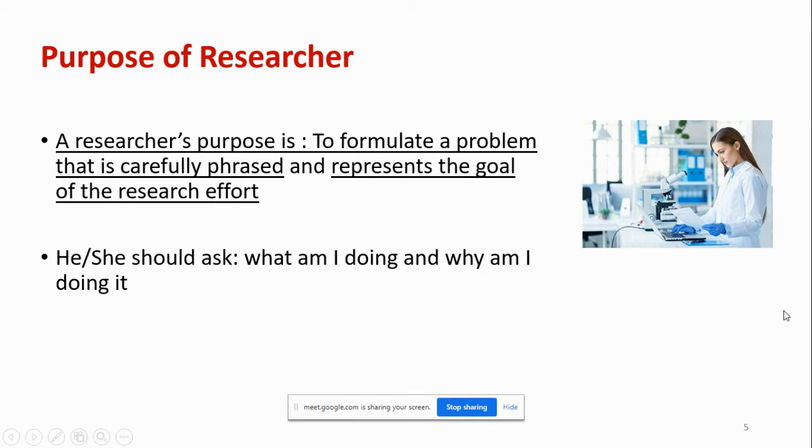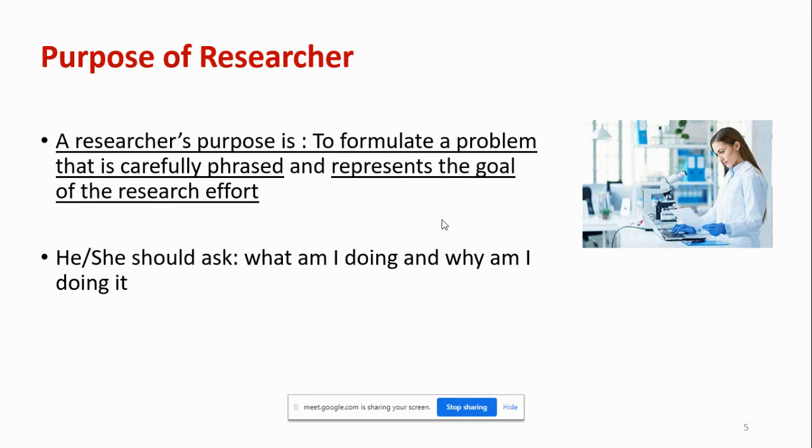Yes, Doctor. Great. Another very important thing is basically the purpose of a researcher. You as a researcher are considered a very important person in the world. Why? Because you are the one who is going to solve the world's problems.